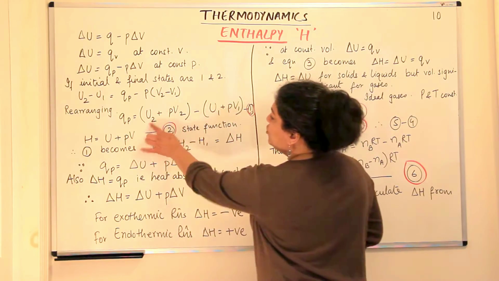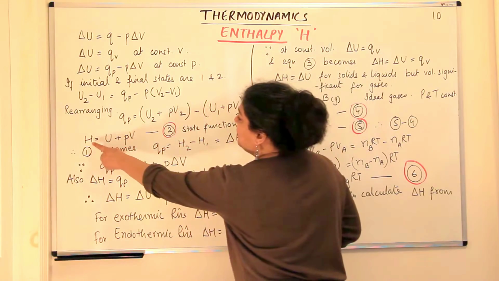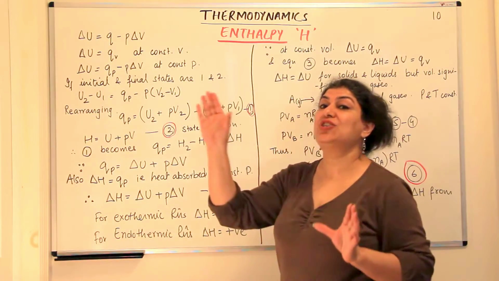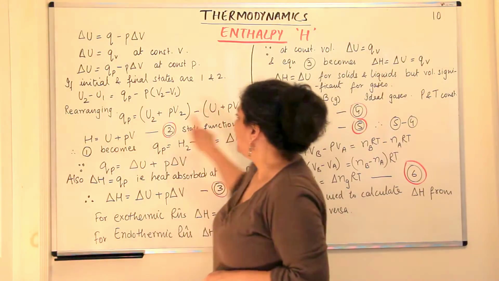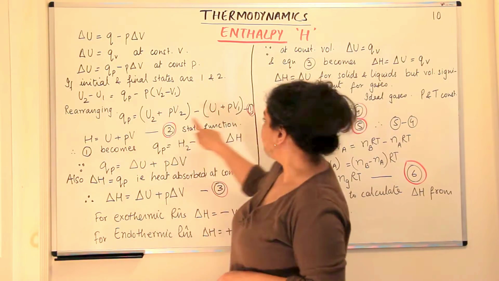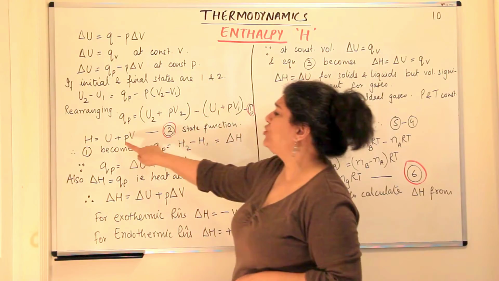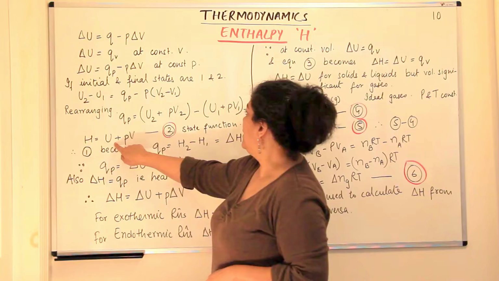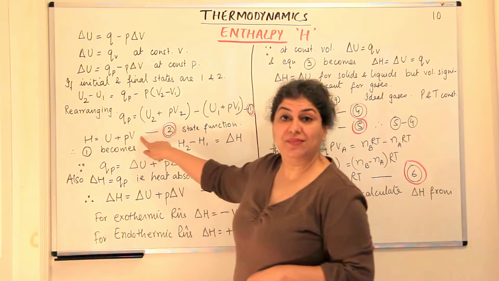Now if you look at this, H, that is enthalpy, is U plus PV. So U2 plus PV2 means enthalpy. What enthalpy would this be? This would be the enthalpy of state 2, so it would be H2. And U1 plus PV1, since H is U plus PV, would be H1.